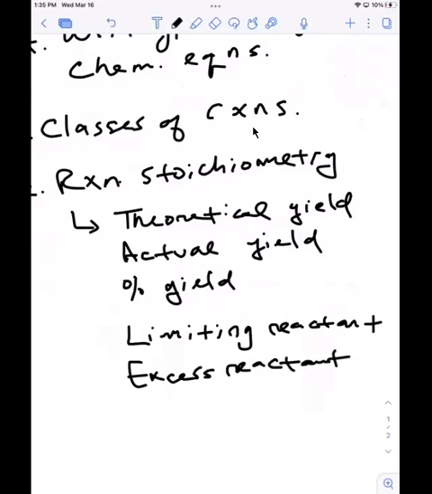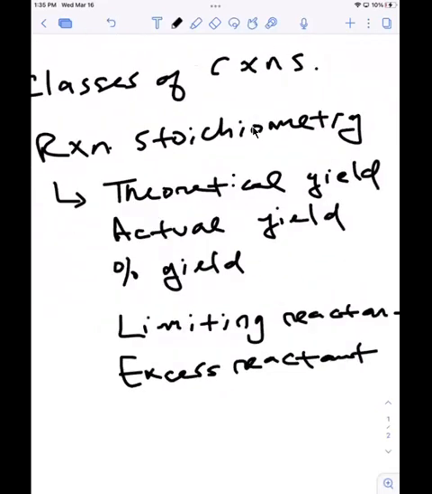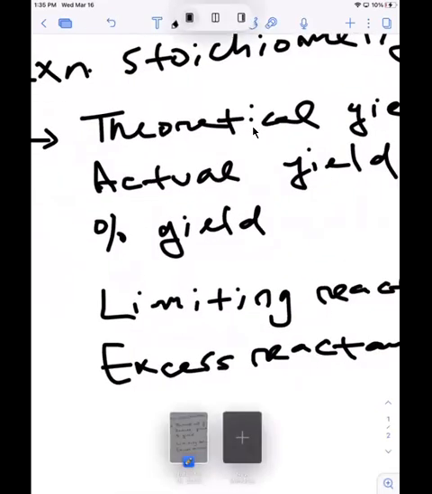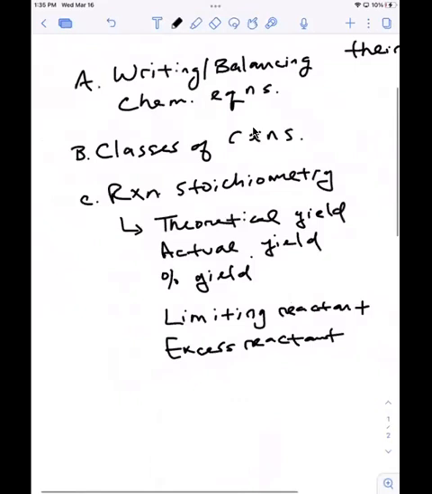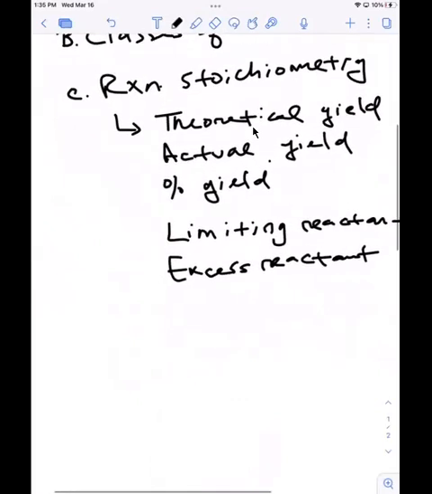So all of those things are going to be tied up in dealing with stoichiometry. We can derive, calculate, or determine all of these things based on the stoichiometry of a reaction. But the only way to get here and to be able to do any of this is to make sure your reaction is balanced. If it's not balanced, then we're going to have a problem doing anything else.